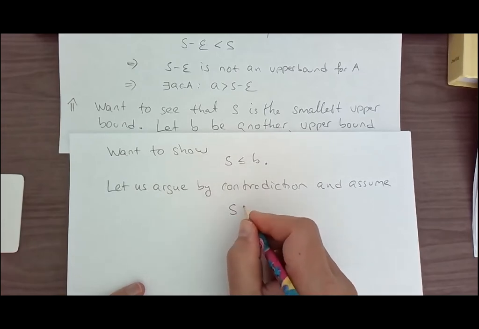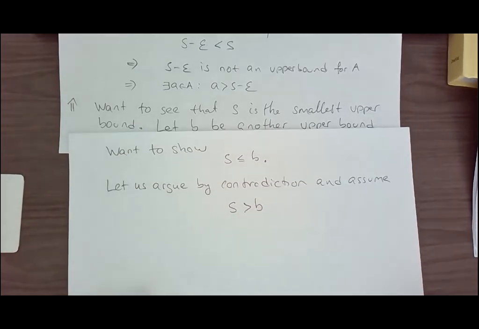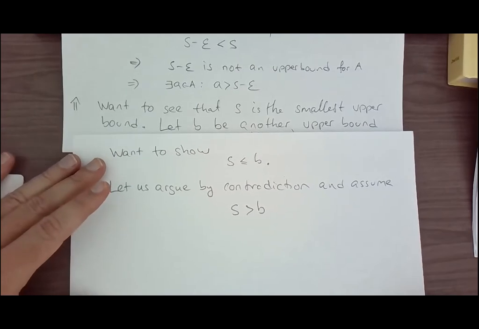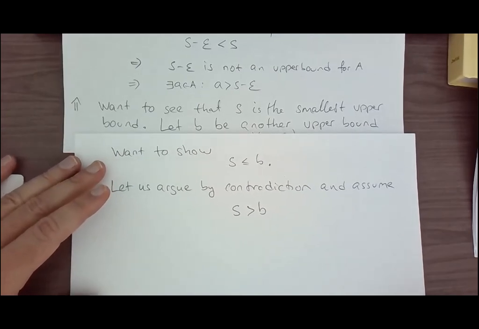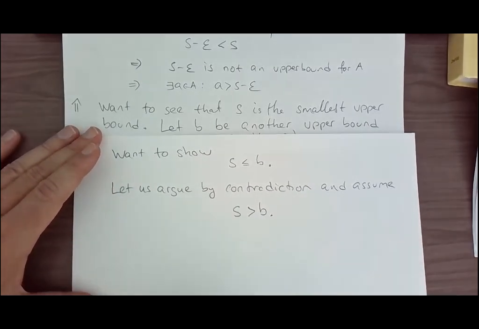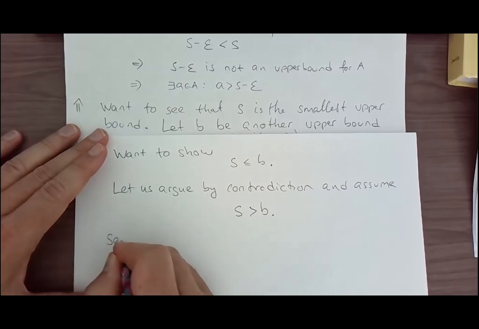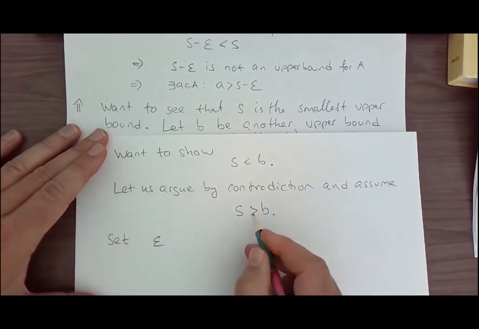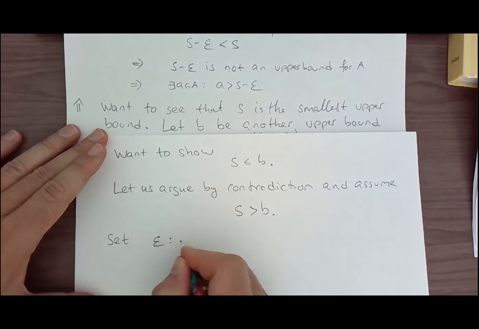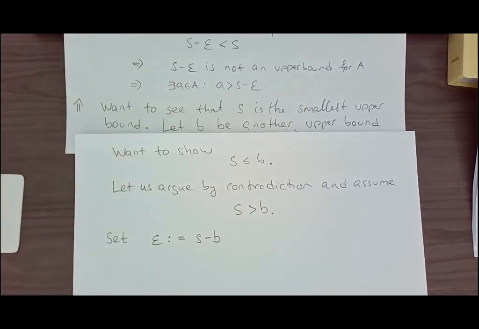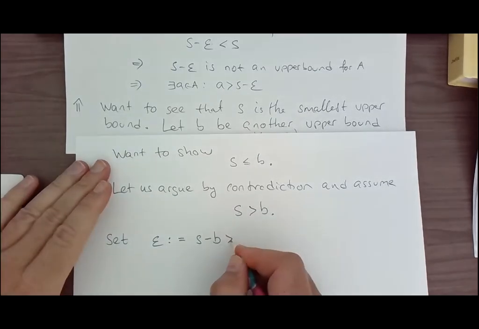Let's assume that S is big, that is, S is greater than B. And now I have to create a contradiction. The way I'm going to do it is I'm going to set my epsilon to be this difference, S minus B, which is positive.